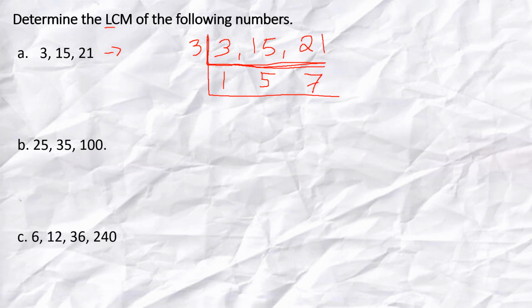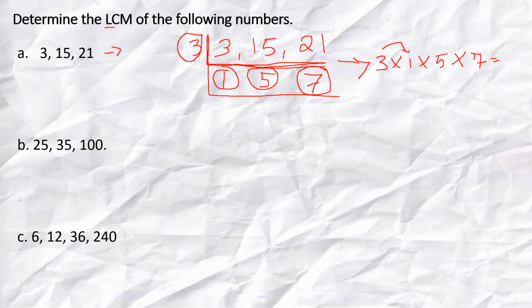So since the remaining numbers are 1, 5, 7, and they do not have any common factor anymore, we simply get all the numbers here on your left side and the remaining numbers at the bottom part of your continuous division. And then after that, we simply multiply all the numbers. So 3 times 1 times 5 times 7.